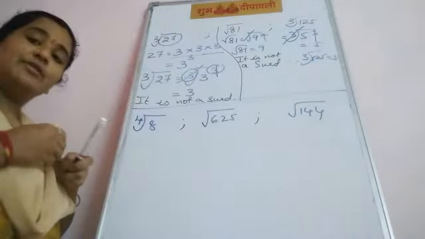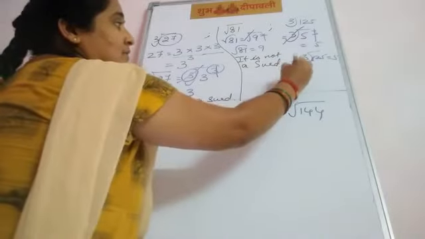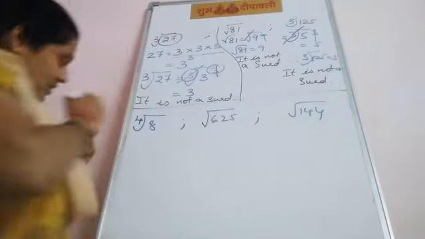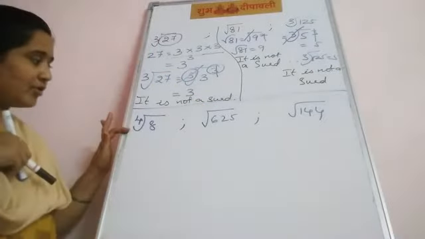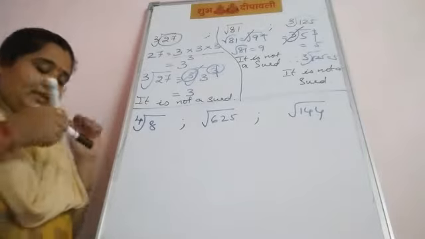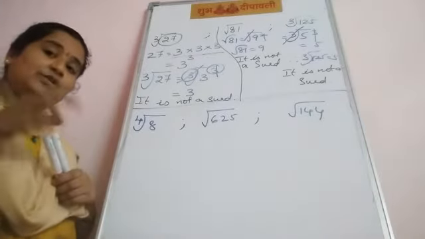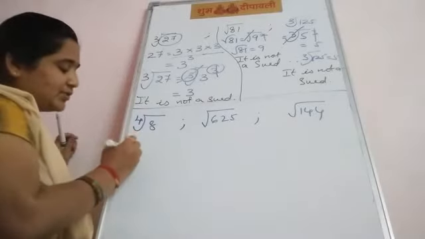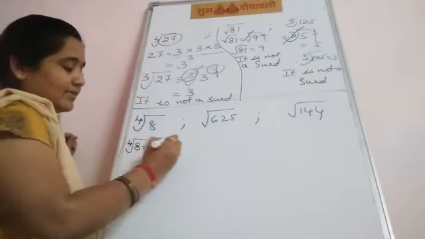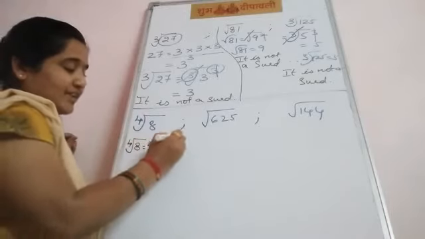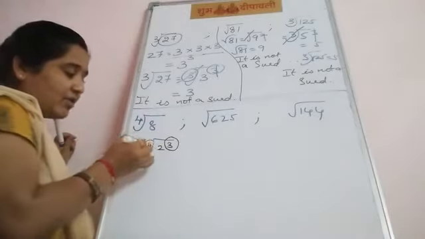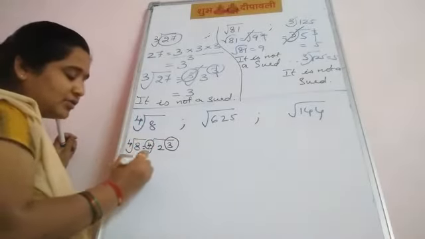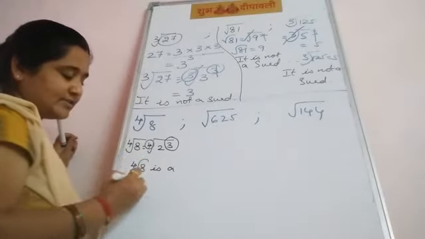It is also not a surd. Okay. Now coming to the next question. Fourth root of 8. 8 can be written as 2 cube, 2 into 2 into 2. So fourth root of 8 is fourth root of 2 cube. The power and the order are different. So therefore, fourth root of 8 is a surd.